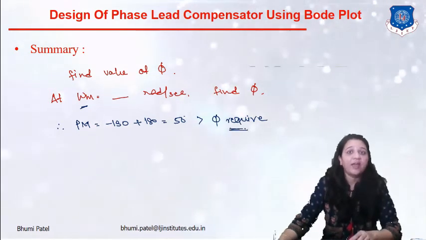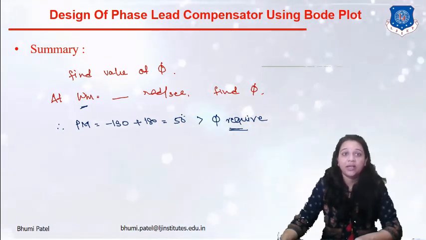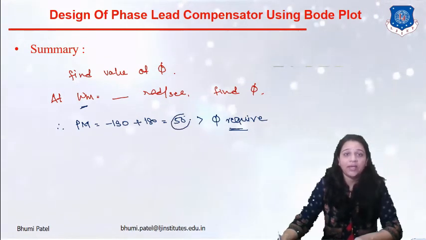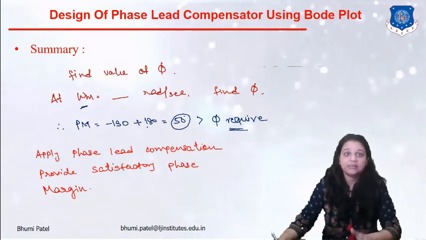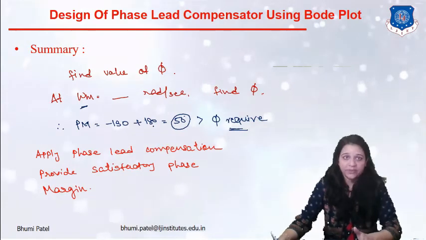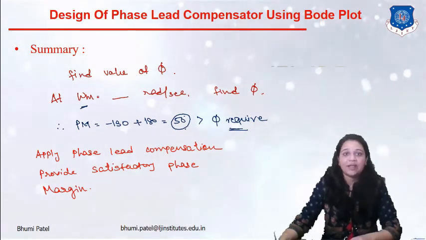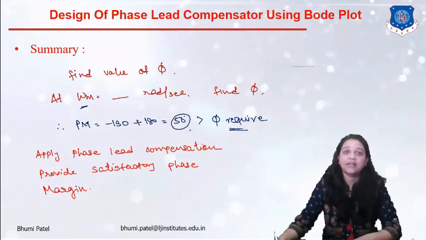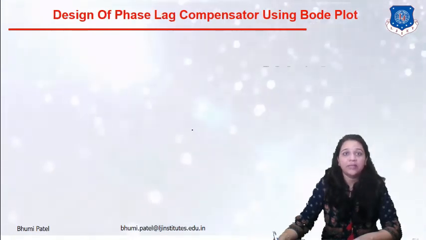The value of phi required is given in the question. So we have to check whether the value that we obtained is greater than phi required or not. If yes, then apply phase lead compensation to provide satisfactory phase margin. If this value is less than phi required, then we do not apply the phase lead compensator.